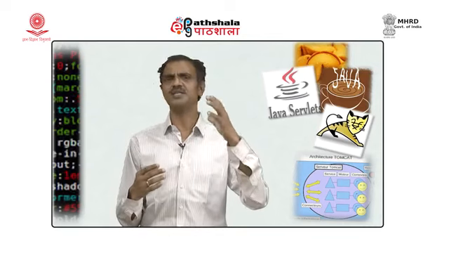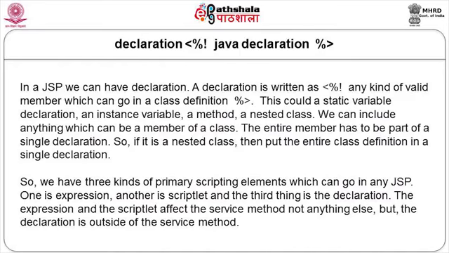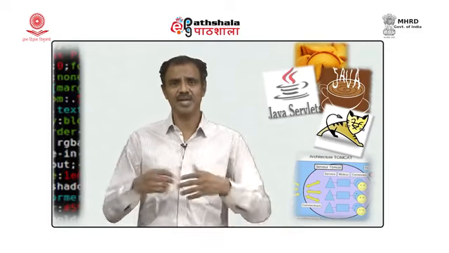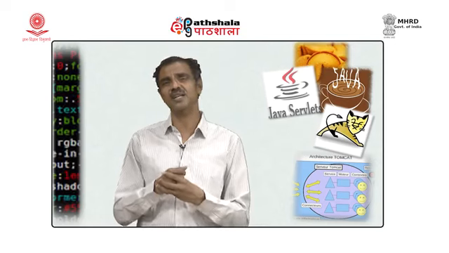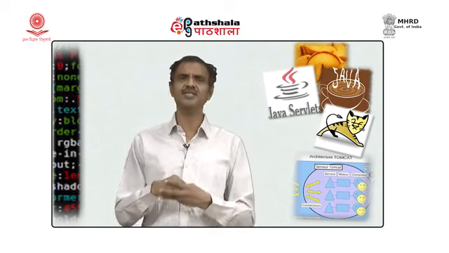A declaration is written as less than, percentage and an exclamation sign, followed by the declaration, any kind of a valid member which can go in a class definition. So, this could be a static variable declaration, it could be an instance variable declaration, it could be your method, the entire method can be inside a declaration, or you could have a nested class in this.